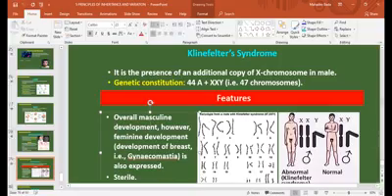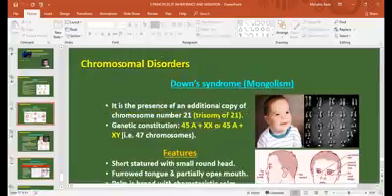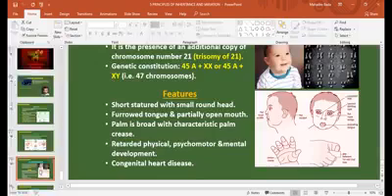That results in Klinefelter syndrome. And what are the characters of that? What are the characters which we see?